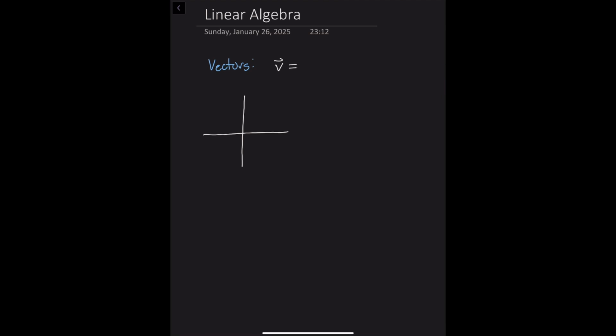So normally vectors we write as like a, b. If this was a 2-dimensional vector, this top part refers to the x-coordinate, and this bottom part refers to the y-coordinate. So if we have the vector, say, 1, 0, that would go right here.